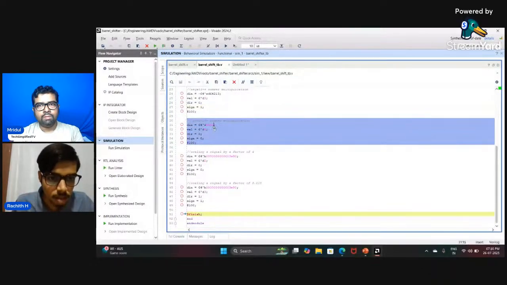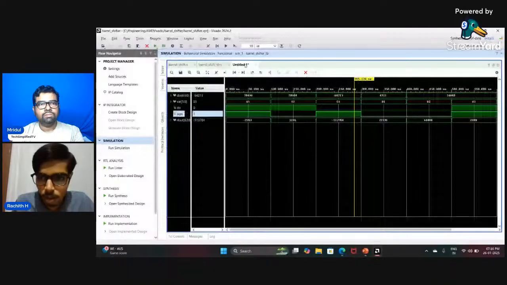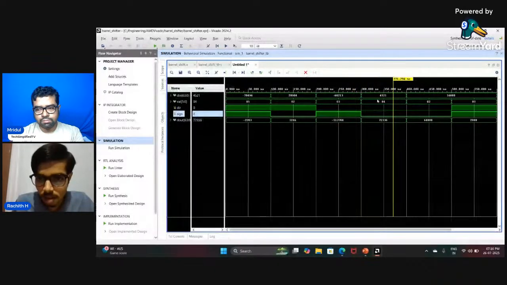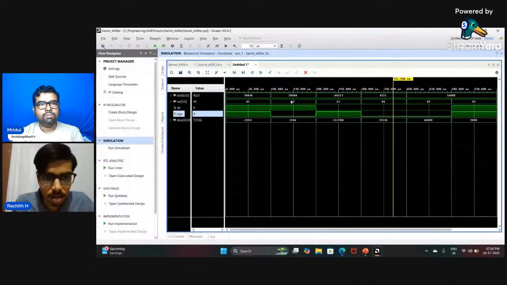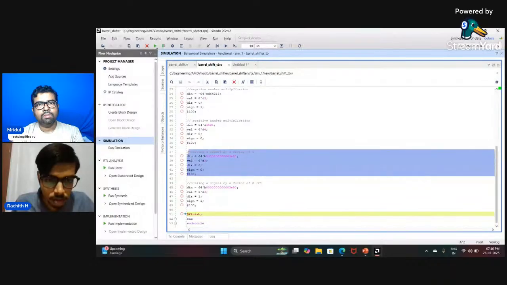This is the number I have chosen, which is being multiplied by 2 power 4. So direction is 0, indicating left shift, and sign is 0, indicating this is unsigned and need not consider the MSB bit. And if you check the output, we get something like this. Here it is 4521 into 2 power 4, which is 16, and we'll get the answer as this. The next test case, scaling a signal by a factor of 4.